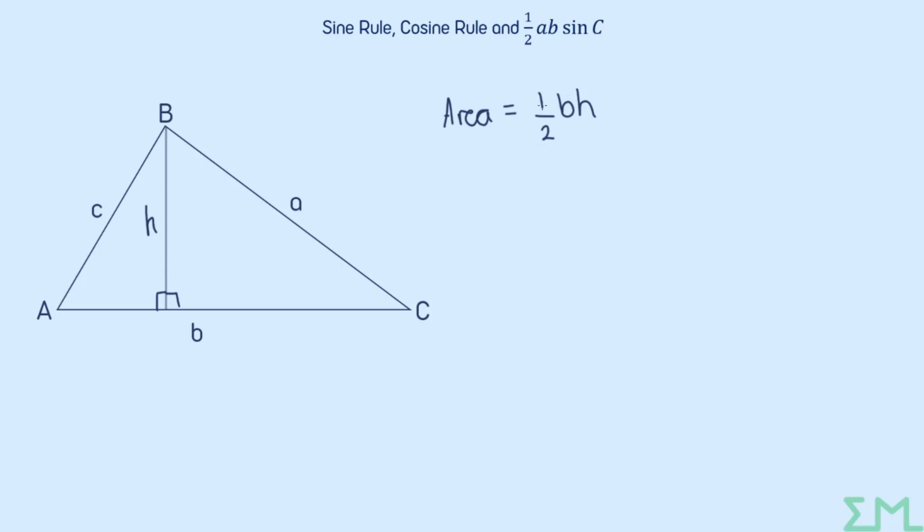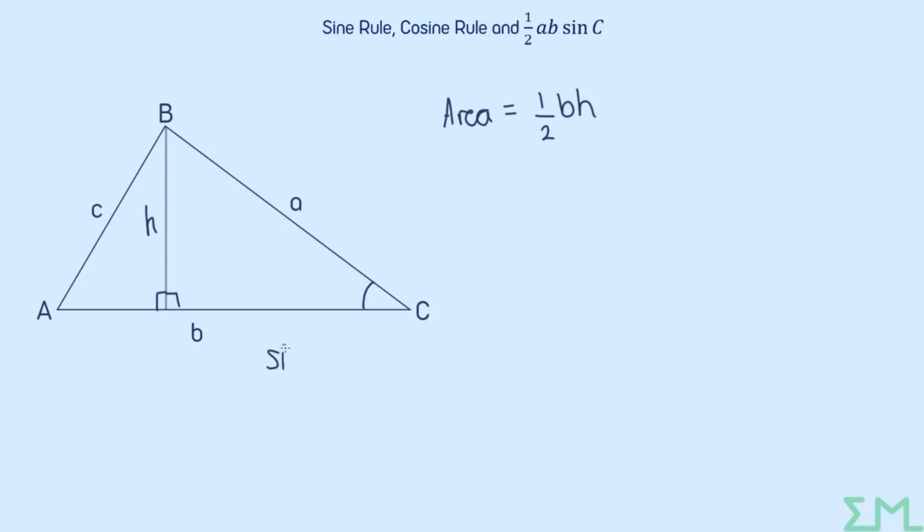Now, we need to be able to rewrite this formula in a way that involves some trigonometry, and the idea here is that we'll be able to find the area of a triangle without necessarily knowing its perpendicular height. So if I focus on this larger right angle triangle that's been formed within the overall triangle, and I focus on the angle C, then I can write down a relationship between the angle C, the height, and a, which is the hypotenuse for this right angle triangle, because they all link together with sine.